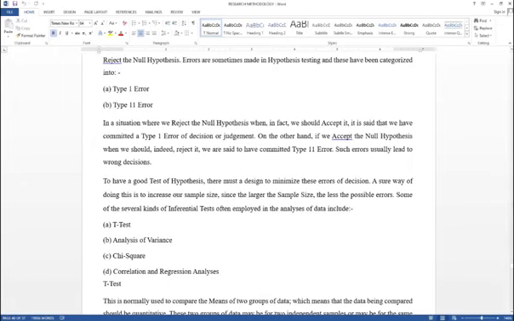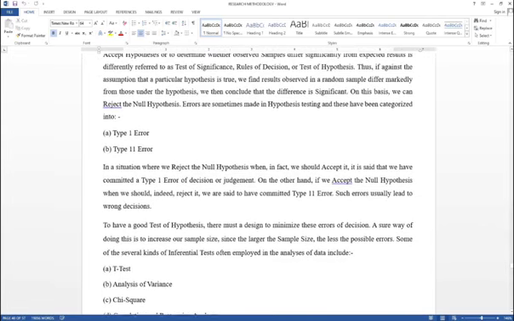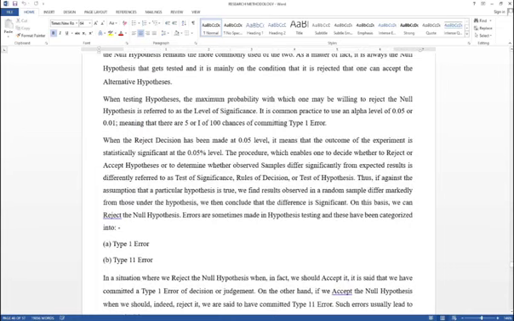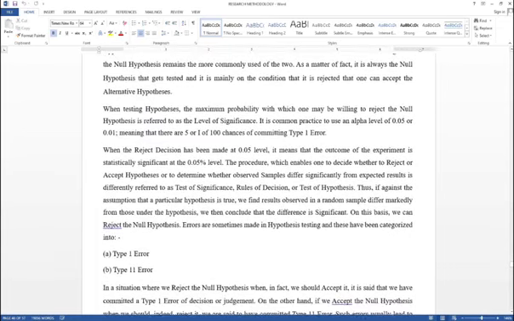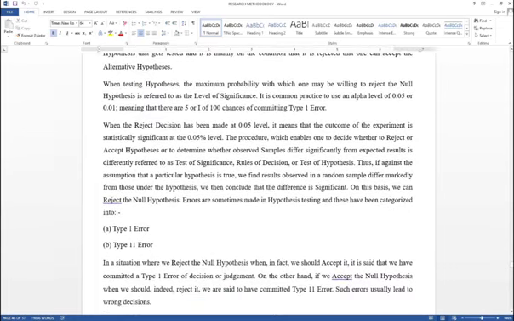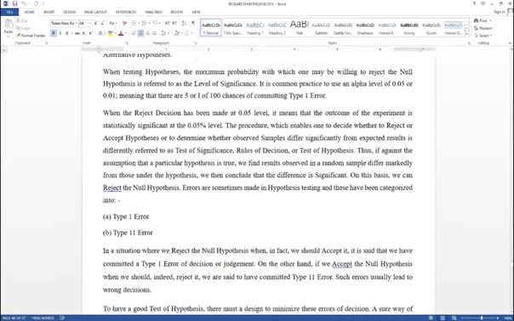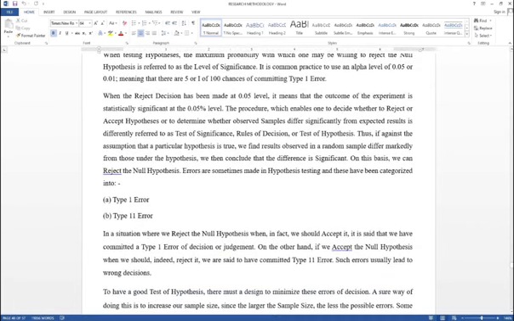Okay, last class we talked about type 1 and type 2 errors that are seen in a hypothesis. We said the type 1 error occurs when we reject a null hypothesis when in fact we should accept it. That is to say, the null hypothesis is right, it is correct, but we reject it.